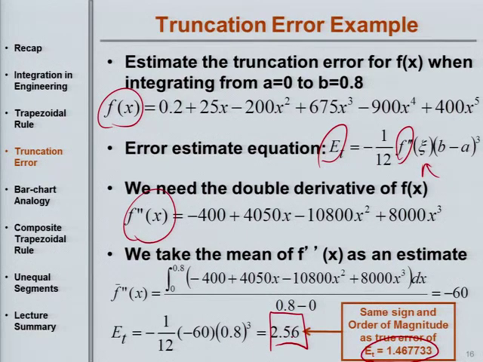Now you can say 2.56, nothing like 1.46, they're completely different. Well, in actual fact, they're not completely different, they're the same order. Now, if this was 200, then I'd say yes, they're completely different. Or if this was 10 to the minus 4, I'd say yes, something's wrong here. But they're the same sort of magnitude, 1, 2, pretty much the same.